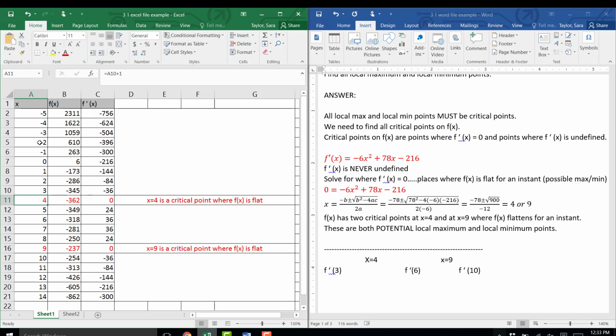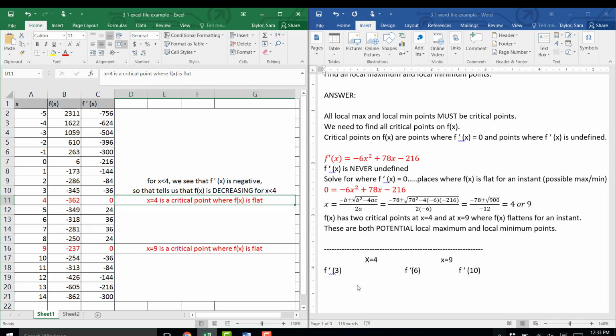Any x value below x equals 4 will produce a derivative that's negative. Let me just put that in here. For x less than 4, we see that f prime of x is negative, so that tells us that f of x is decreasing for x less than 4.